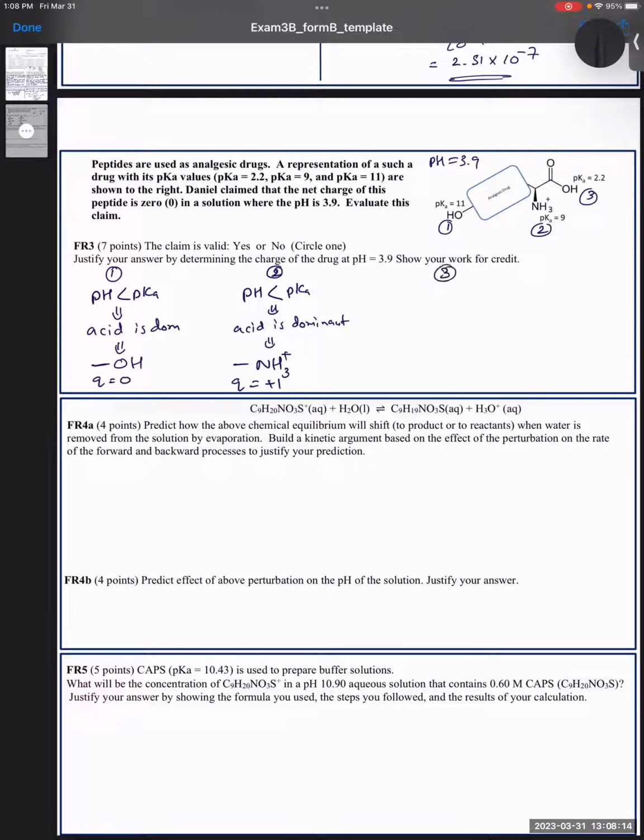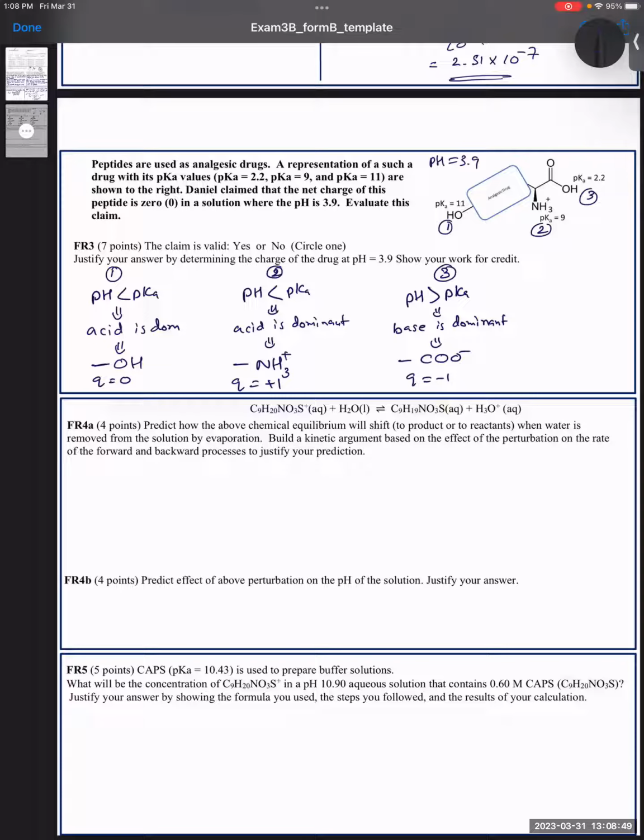And lastly, the third group, we have the carboxylic acid group. In the carboxylic acid group, we see that our pH is 3.9, pH is greater than the pKa. Therefore the base is dominant, and the base form of the carboxylic acid group is COO minus, and the charge here is -1.